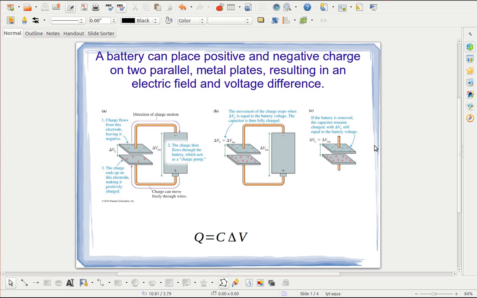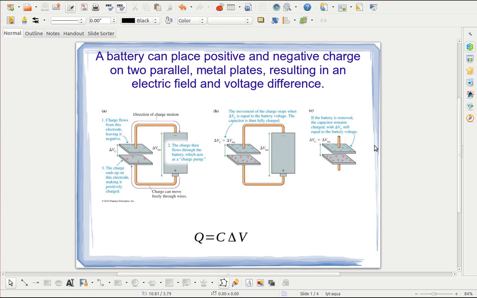So you'll see the arrows are moving clockwise, and that's because the convention is to talk about motion of positive charge, which by definition is the opposite direction of negative charge. Okay, anyways, when you connect a battery up to these two metal plates, it will push a certain amount of negative charge onto the top plate and suck a certain amount of negative charge off of the bottom plate.